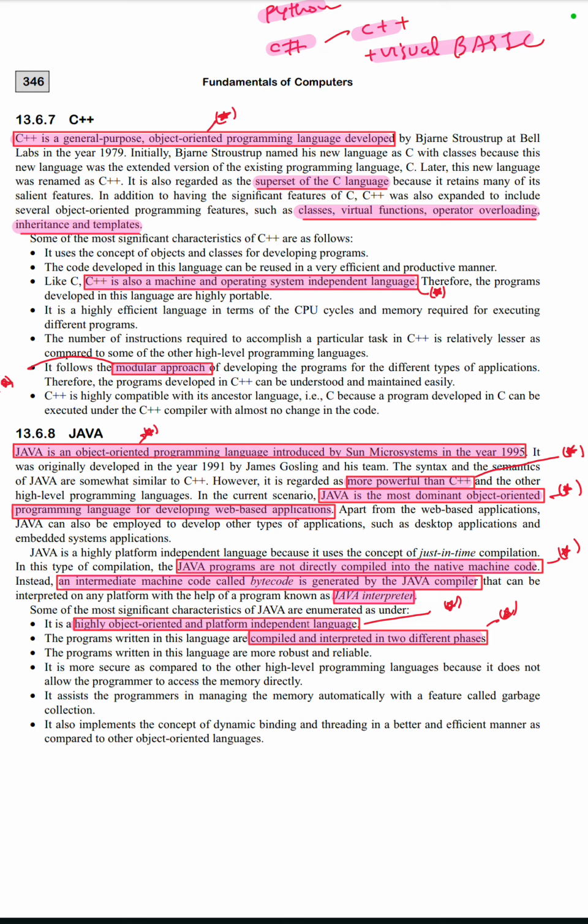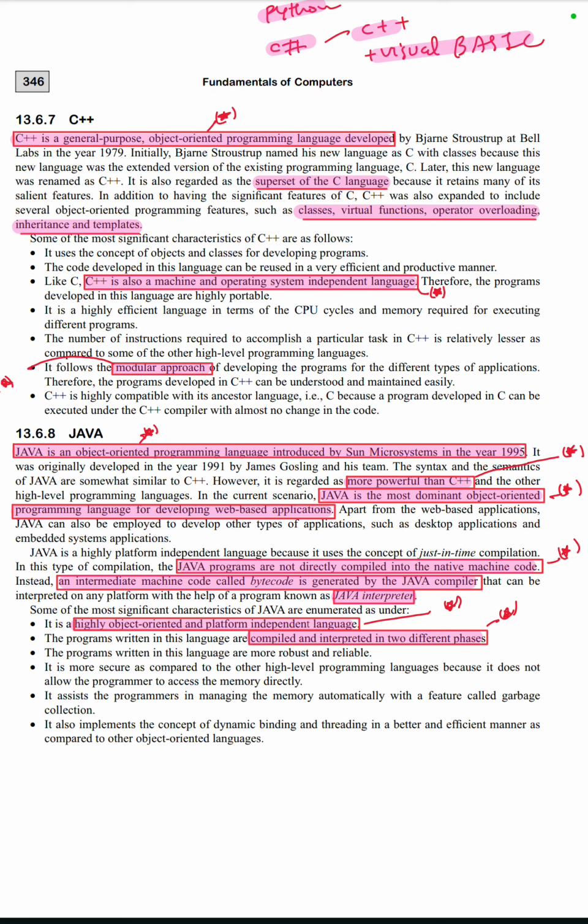Java programs are not directly compiled into the native machine code. Instead, an intermediate machine code called bytecode is generated by the Java compiler that can be interpreted on any platform with the help of a program known as Java Interpreter.